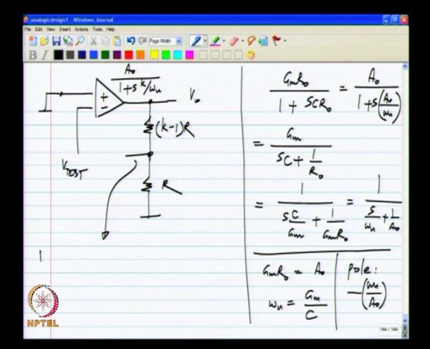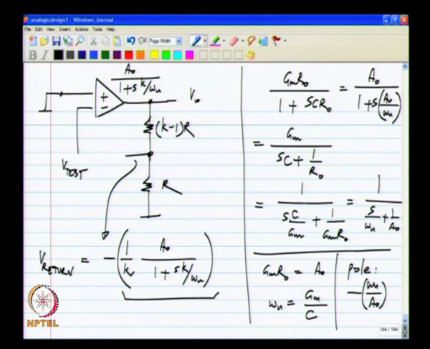So, the return voltage V return will be minus 1 by K, A naught by 1 plus S A naught by omega u. And the loop gain is nothing but what is enclosed in this parenthesis excluding the minus sign. This is the loop gain.